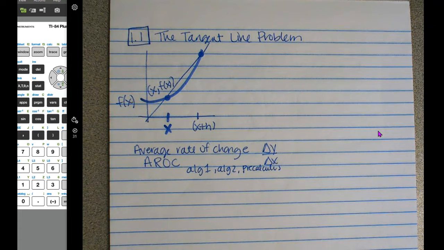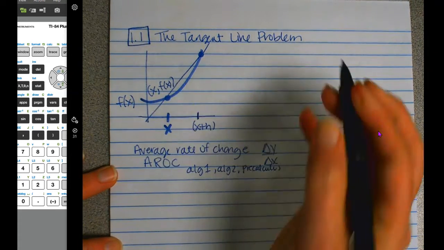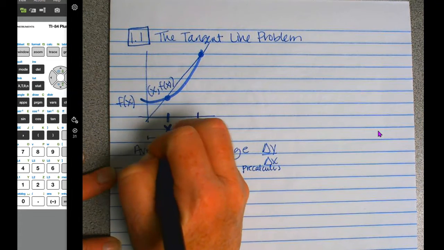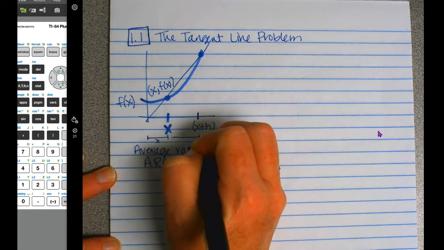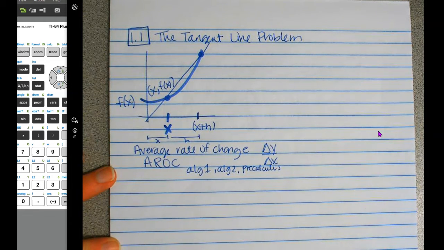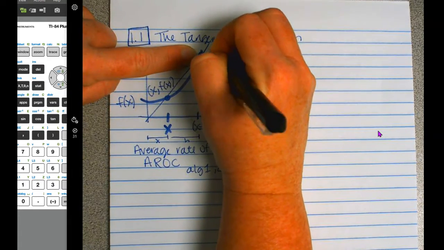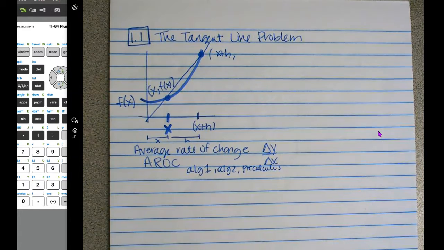So I'm connecting things we know from before. If I call this value here h, just for fun, that means this distance is x and this distance is h. How about that? Does that make sense? Okay. So if this point is my second point, the x value is x plus h. What's the y value?